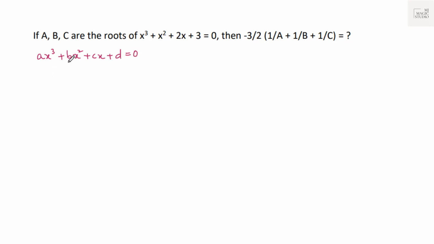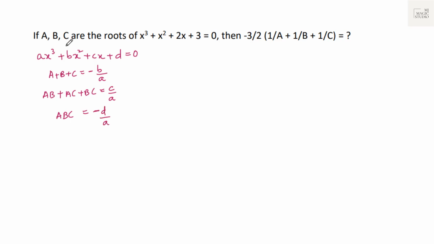And 3 roots we have, alpha, beta, gamma or a, b, c. Sum of roots a plus b plus c is given by minus b by a. Then sum of roots taken 2 at a time in product wise, ab plus ac plus bc is given by c by a, and product of roots abc is given by minus d by a.